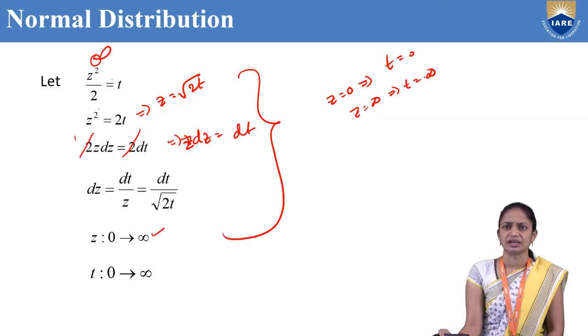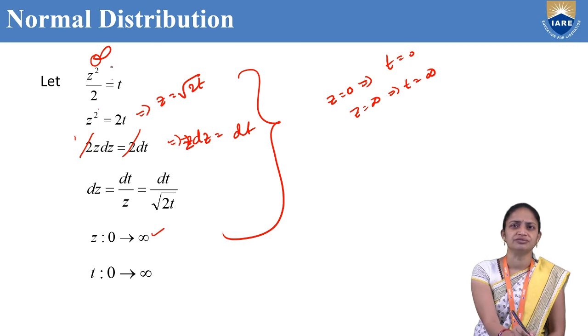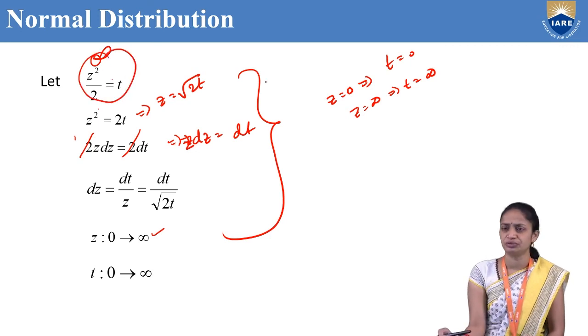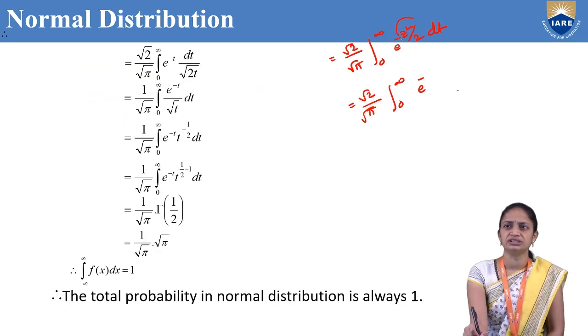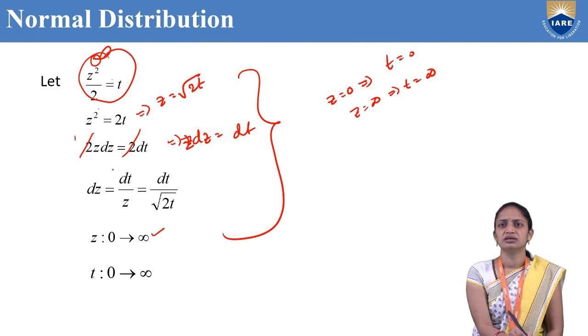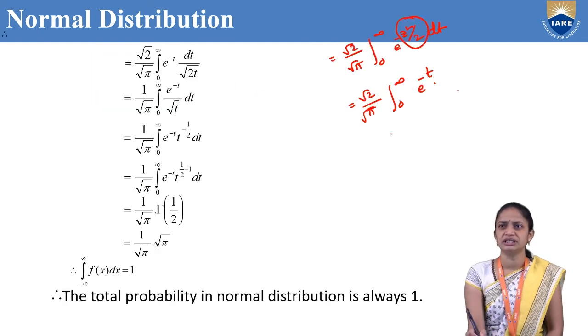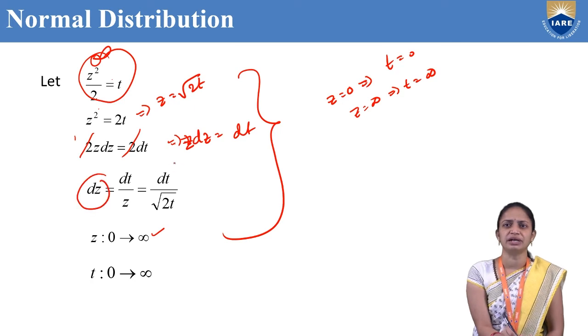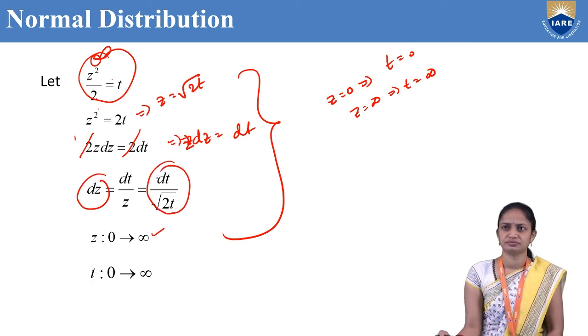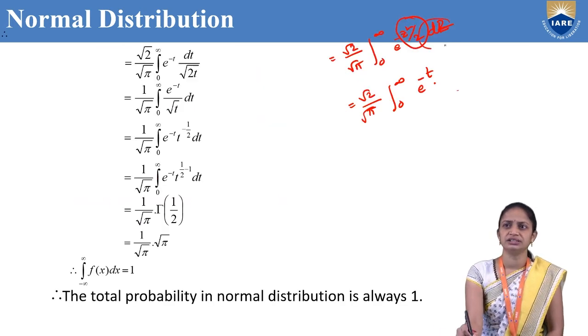What about z square? We know that z square by 2 equal to t. So that is e power minus t. What about dz? dz is nothing but dt by root 2t.